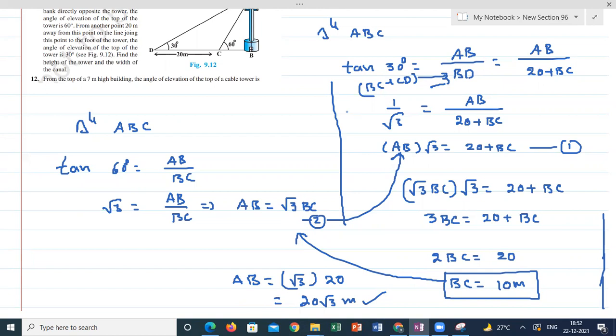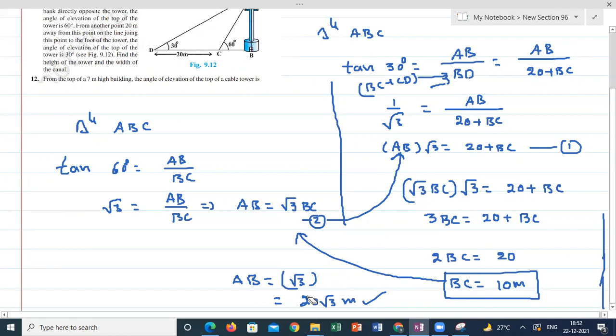Sir, AB will be 10 root 3. How will AB be? AB is equal to root 3 times BC. Correct, 10 root 3. Sorry, ma'am, it's my mistake. Yes, sir. Okay.